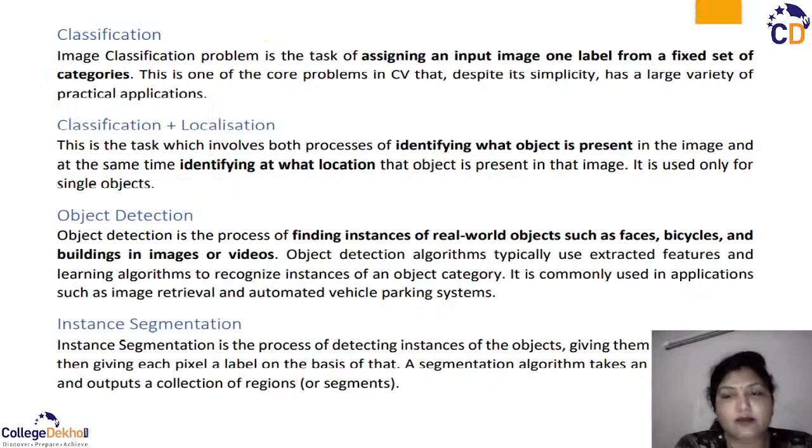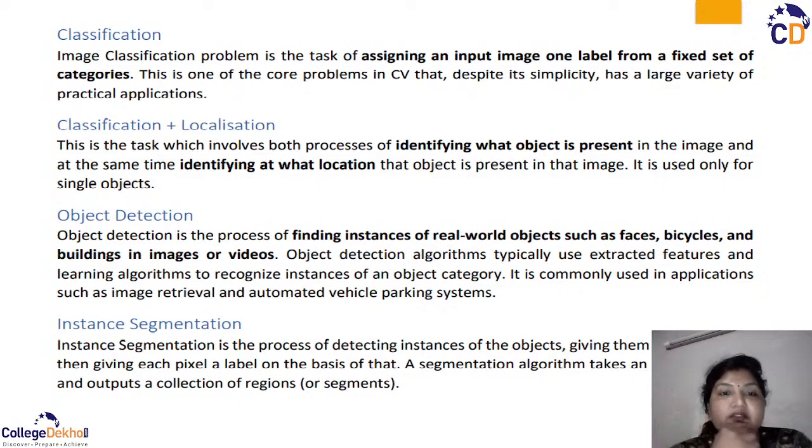So let us see some of the more important points. Image classification is the task of assigning an input image one label from a fixed set of categories. This is one of the core problems in CV that, despite its simplicity, has a variety of practical applications, right? I have already told you about identifying which object is present in that particular image.